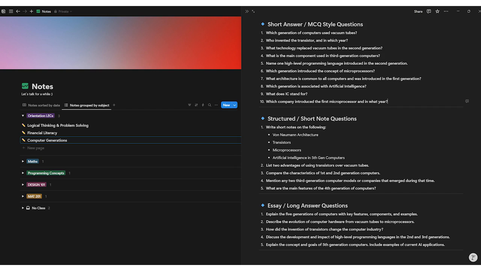In the first generation it was very hard to communicate with computers because we used binary as a programming language.